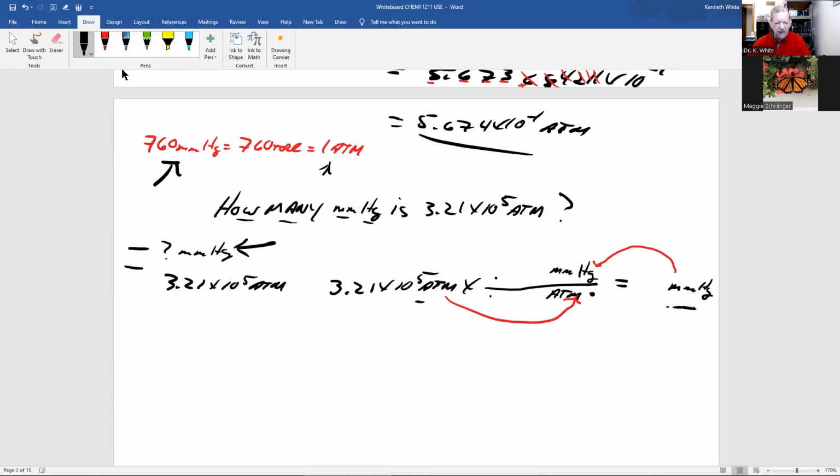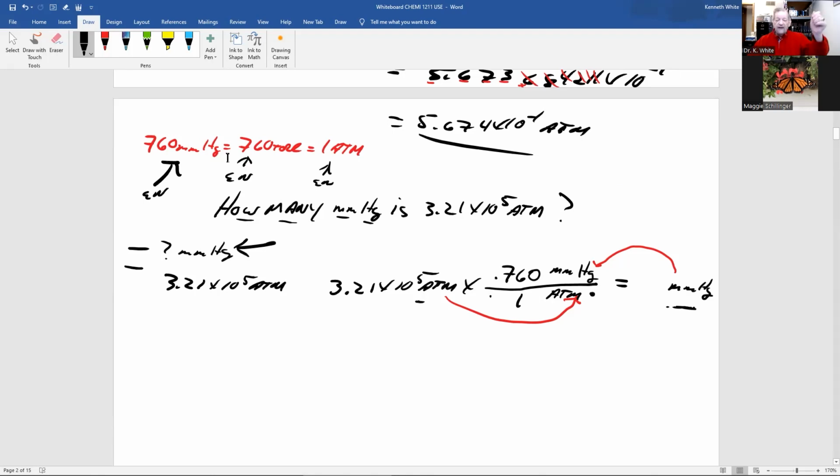760 millimeters of mercury equal 1 atmosphere. Remember, in this definition, 760 millimeters of mercury equal 1 atmosphere, these are exact numbers.